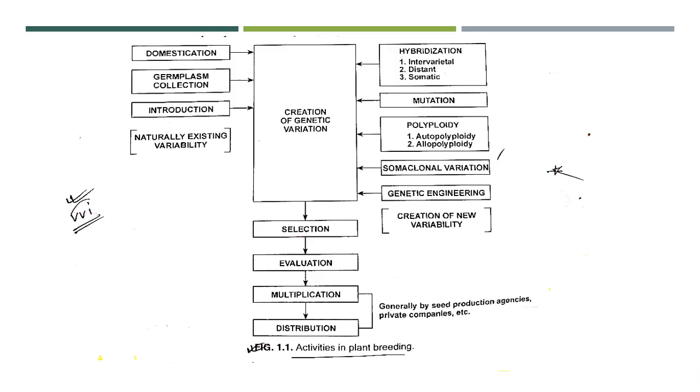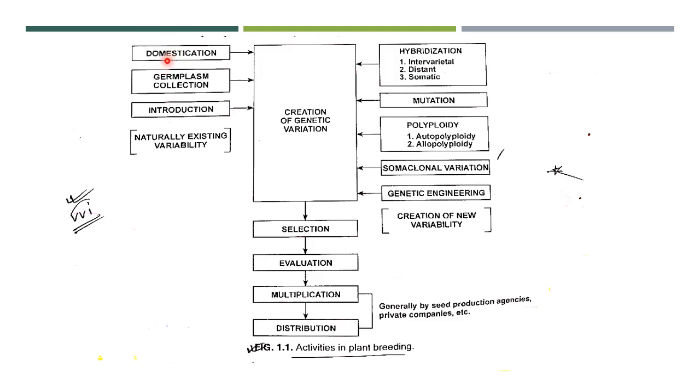So in the previous video, we talked about different activities of plant breeding. In the first step we saw domestication, where we domesticate wild species and bring them under human management.